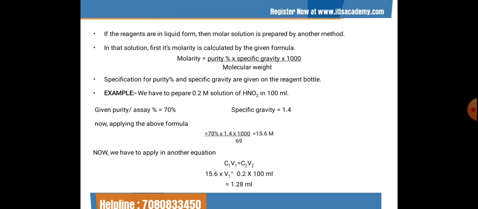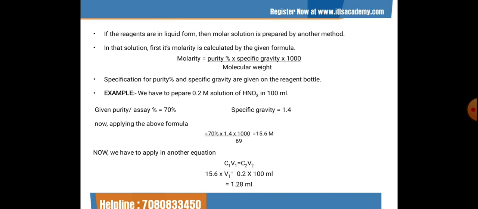Here I have told you about the molar concentration by the two methods. If it is present in solid form, then we have to use the formula weight equals molecular weight into moles into given quantity upon 1000. And if it is present in liquid form, that is up to you.